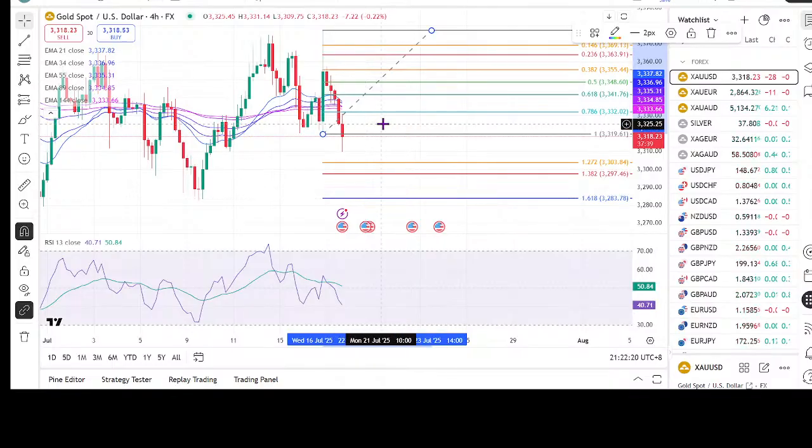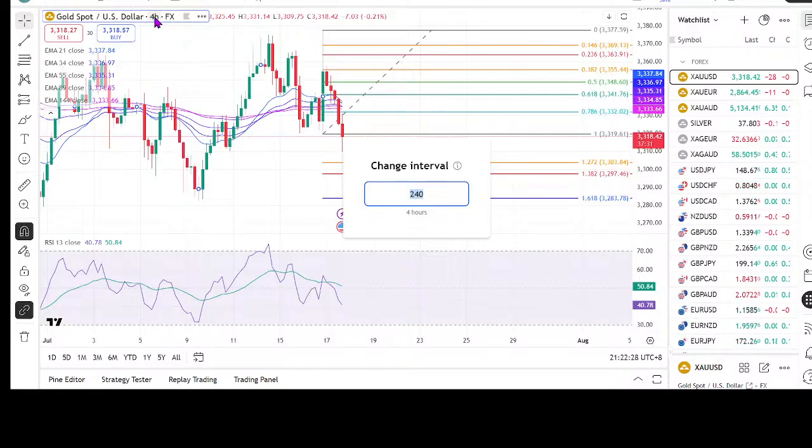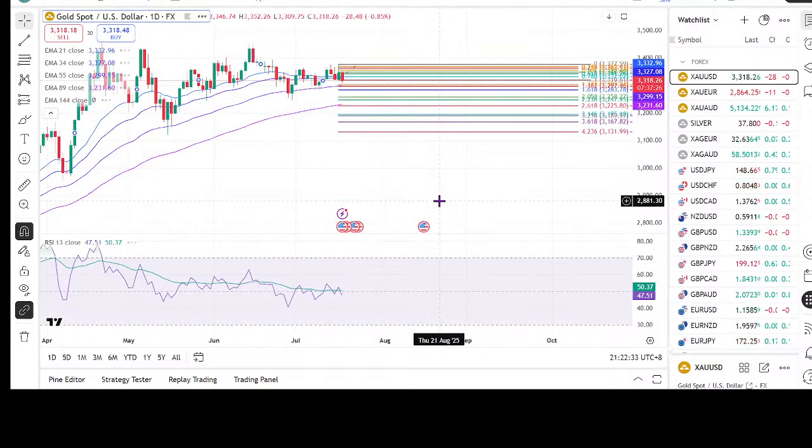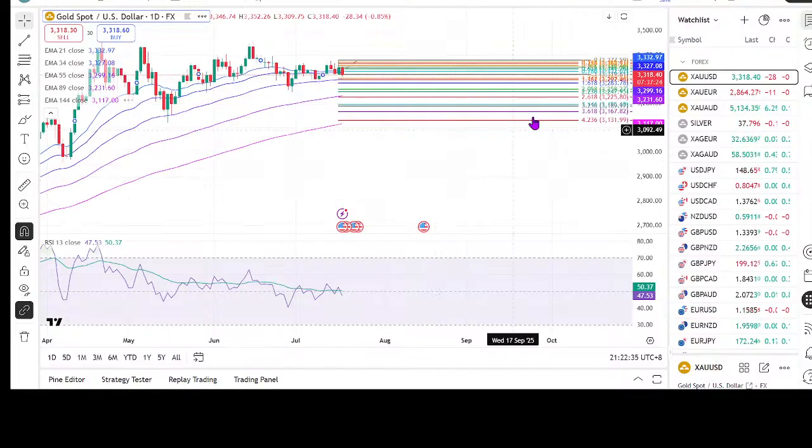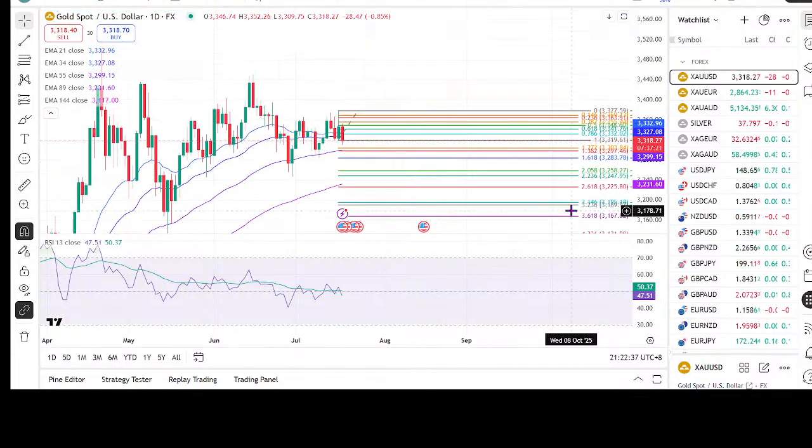And for today, let's see a day range. I think there is a possibility.